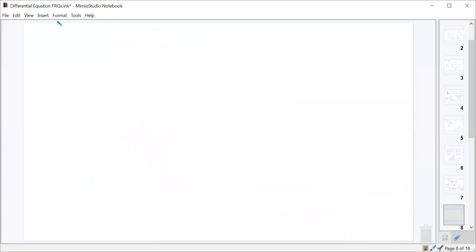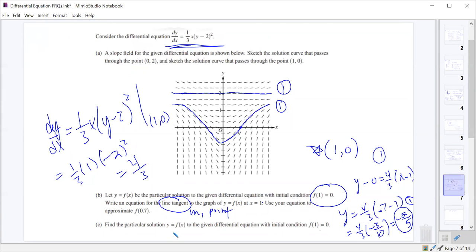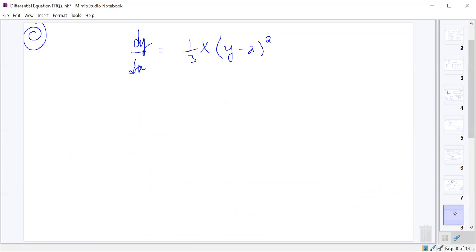All right. So part C, we had dy/dx equals 1/3 of x times (y minus 2) squared, I think? Yeah. Okay. Part C asks you to now find the particular solution to this differential equation with this given initial condition. So now we need to integrate.